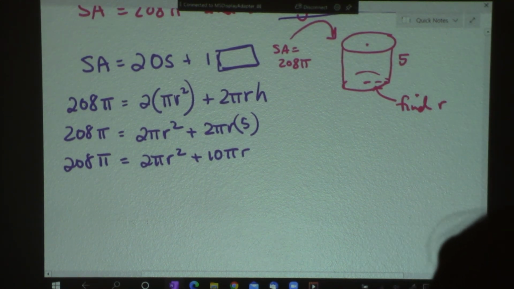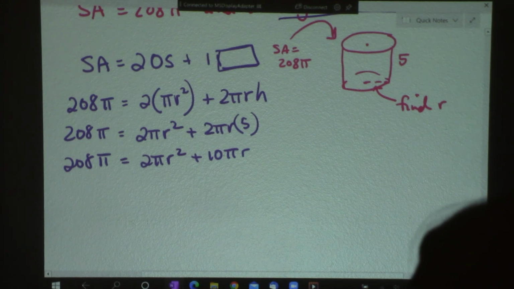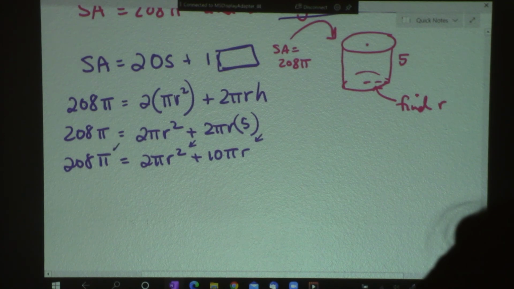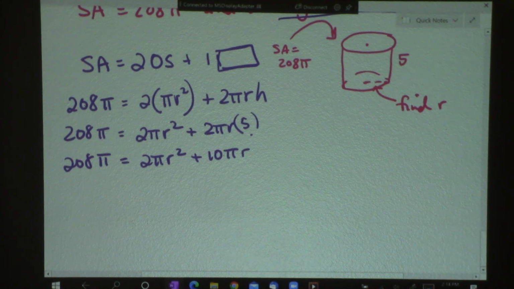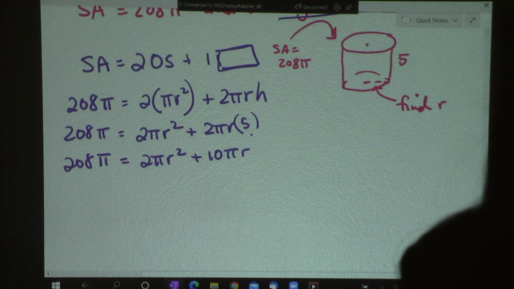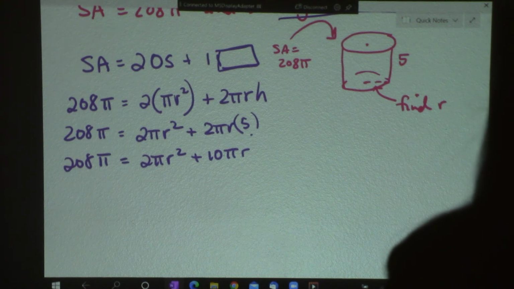Now, look at these terms. I want to solve for r. So I've got r squared, I've got r, I've got a term without r. Okay, I want to factor out any common factors.